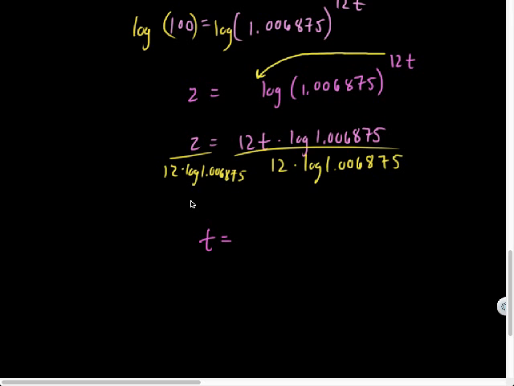So let's do that carefully. 2 divided by, and I'm going to be careful plugging this in with parentheses, 12 times the log of 1.006875, and I'm double closing parentheses there, and I get t is equal to, how long do you think it takes? 56.0119 years. That's a lot. 56 years to go from 10 grand to $1 million at the 8.25% interest rate.